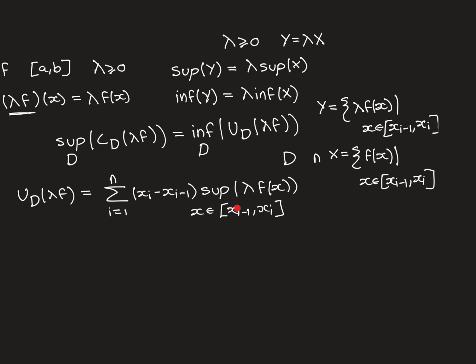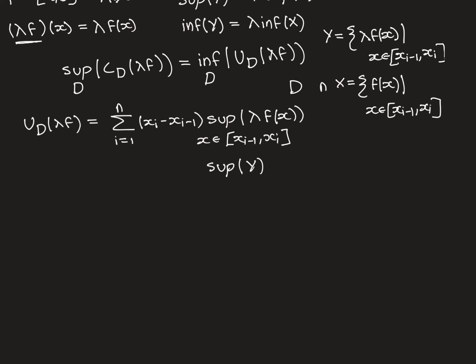So this supremum is the supremum of y. This thing that I've written here is the same as the supremum of this set. That's really just what it means. This is just a nice, beautiful way of writing this. And therefore, this is equal to lambda times the supremum of x by our result above. But then we could write the supremum of x in this sort of notation here.